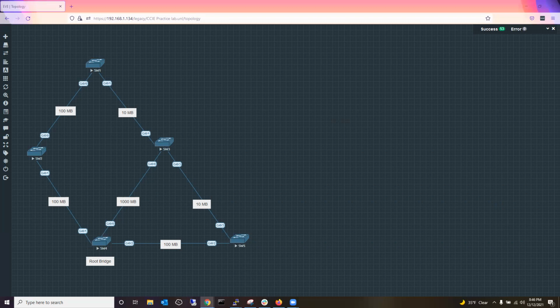If all values are equal, I'm going to look at this next to determine who can be selected as the root bridge. And David, you tell me if I'm making sense as I'm saying this. But if all things are equal, wouldn't it be the lowest MAC next?